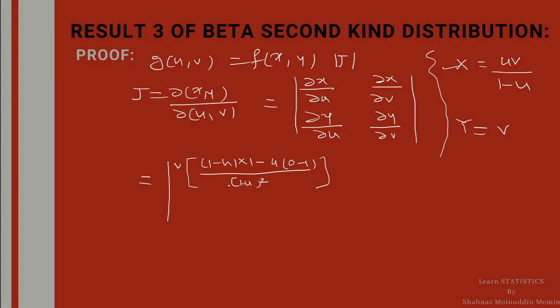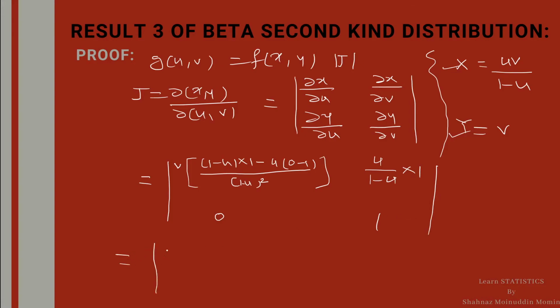This is the derivative of x with respect to u, and the derivative of x with respect to v is u divided by 1 minus u into 1. Now differentiate y with respect to u. Since y contains no term u, it is 0, and the derivative of y with respect to v is 1.